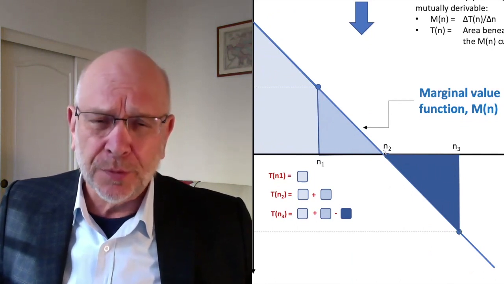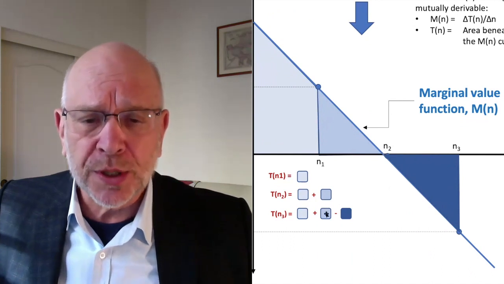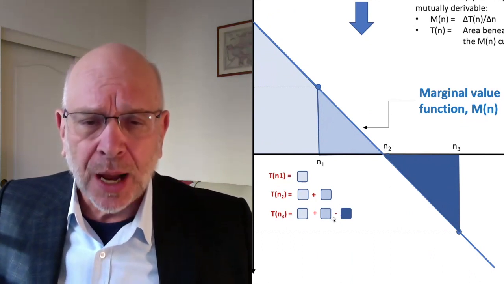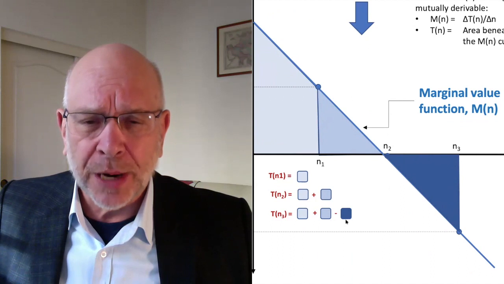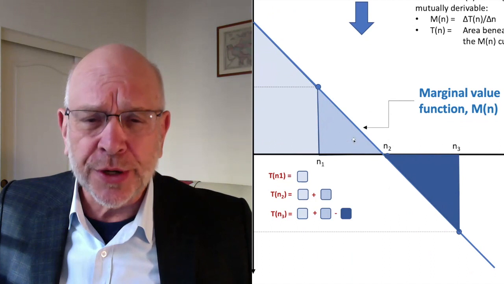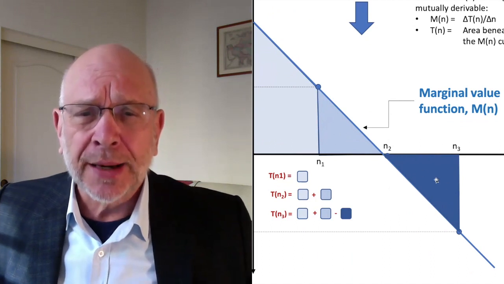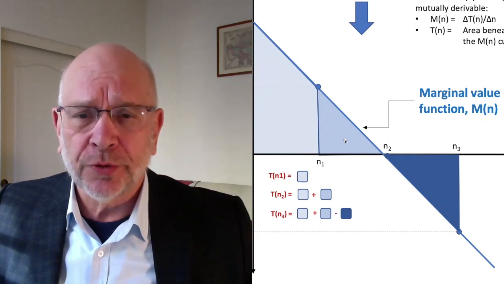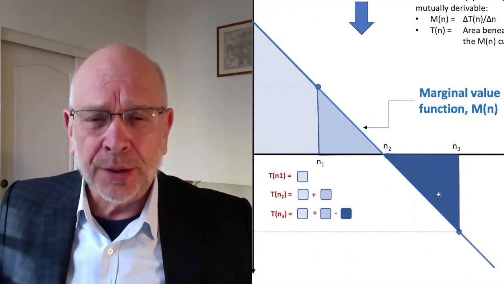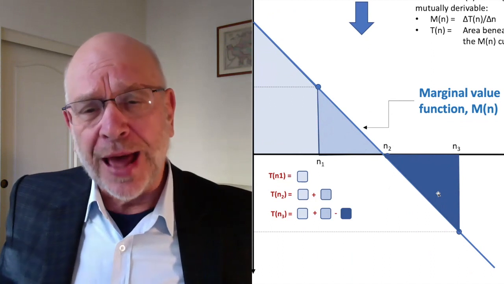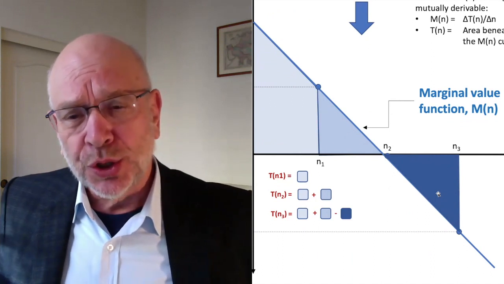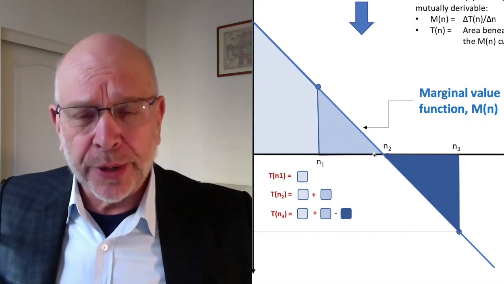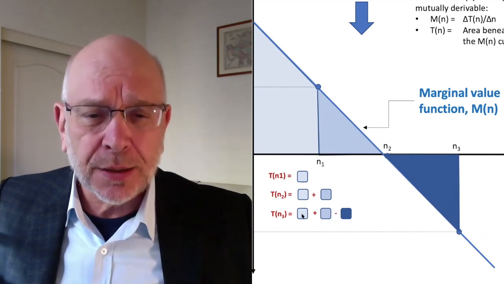Now, the observant among you may notice that this triangle right here and this triangle, they're identical, or they're symmetrical here. And that, again, reflects the symmetry in our original total value function. And so that tells us that the total value at n3 is essentially this complete value.